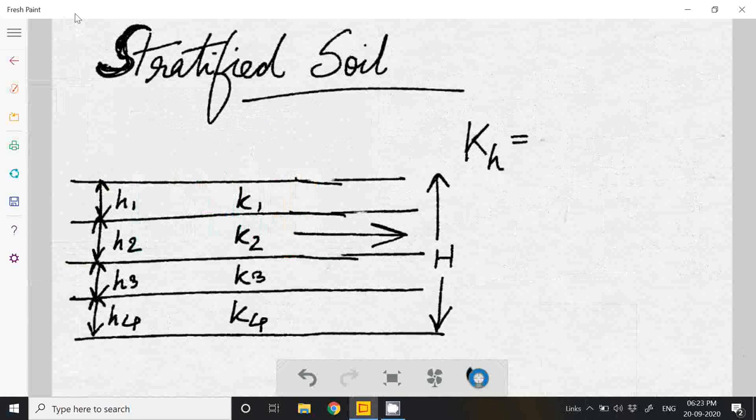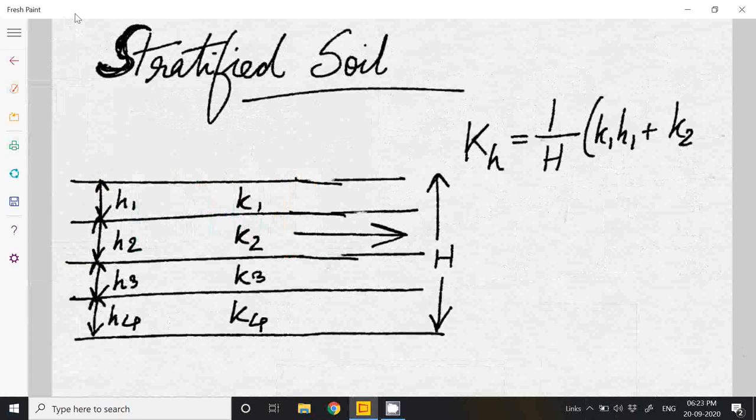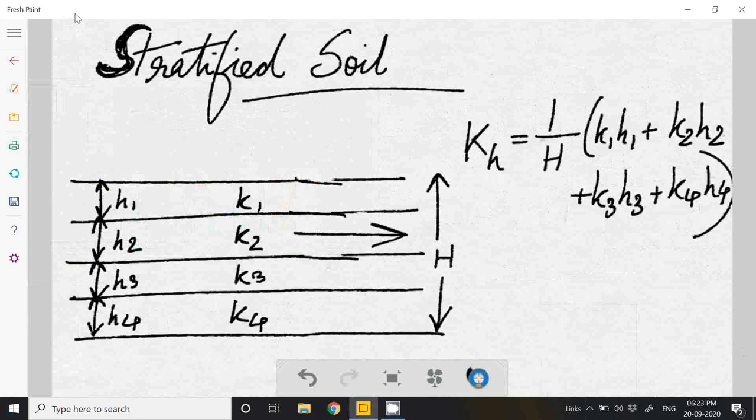And KH will be equal to 1 by H into K1 H1 plus K2 H2 plus K3 H3 plus K4 H4. So this will be when the flow is parallel to the bedding planes.